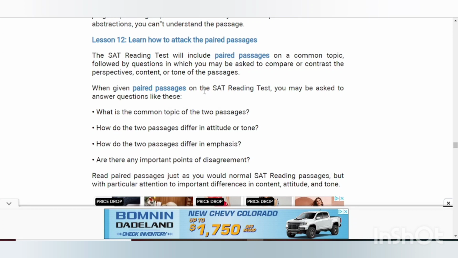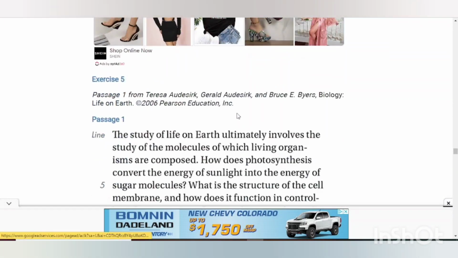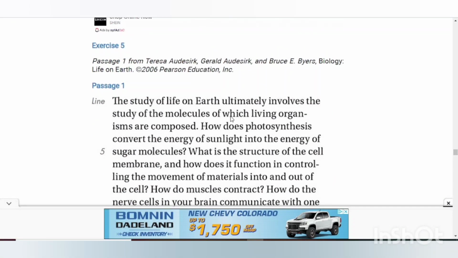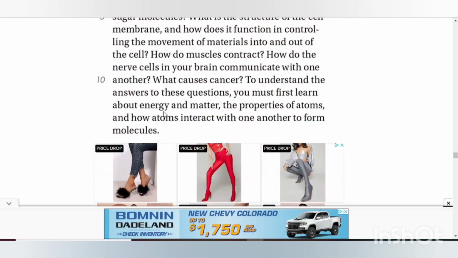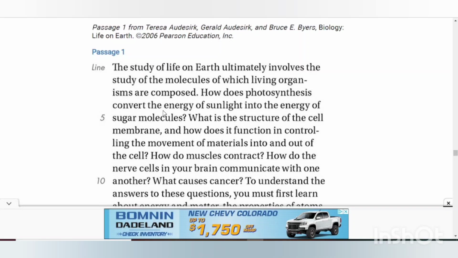So when given paired passages, you may be asked to answer questions like these. What is the common topic of the two passages? How do the two passages differ in attitude or tone? How do the passages differ in emphasis? Are there any important points of disagreement? So, for example, this is how a paired passage would look. It has passage 1 and passage 2, but they have some type of similarity.